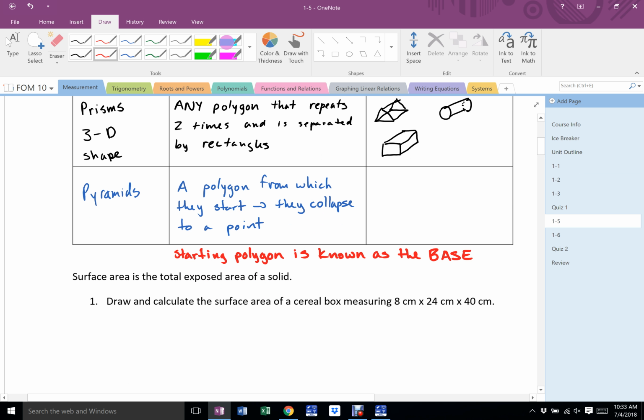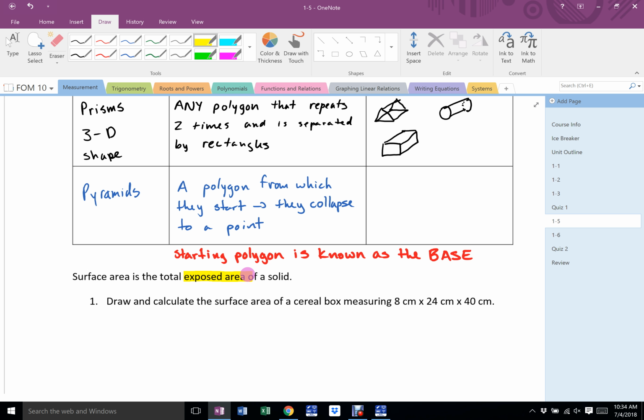This is the next thing that's important. The exposed area of a solid. Right now, forget about the little lumps. Forget about this in the bottom. What shape would you say this is? It's a cylinder, right? Because it's got a circle on top, that same circle on the bottom, and if I unrolled this, it would be a rectangle, yes?